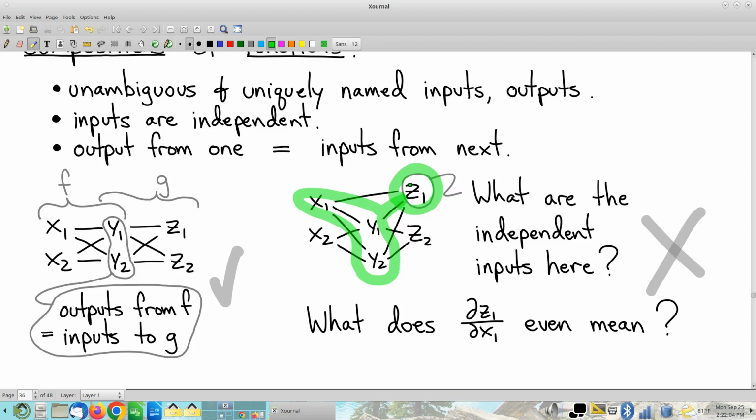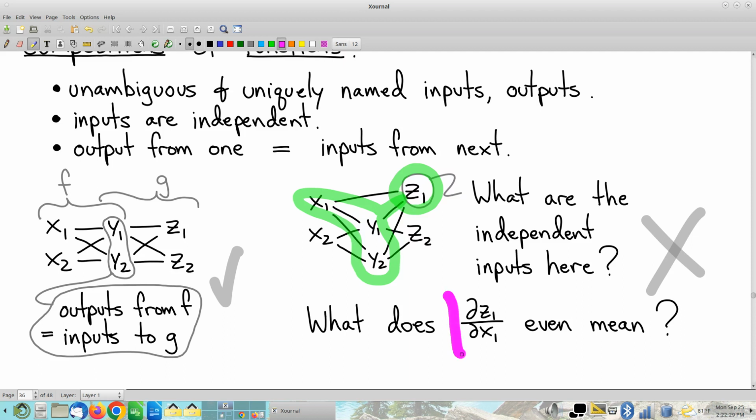But tragically, y1 is a function of x1, right? It doesn't make any sense. This is not a composition of two acceptably defined functions.